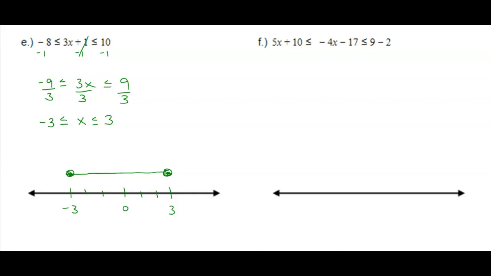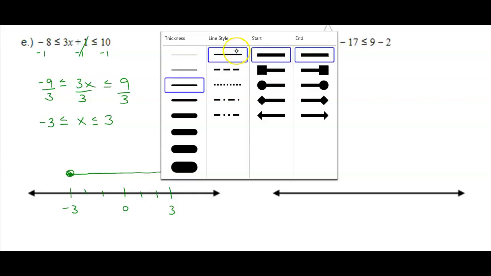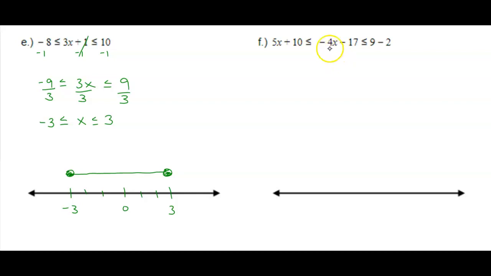And then this last one for f is just a little unique because the coefficient to x is negative on the inside. So what I'm going to do first is add 17 to both sides of this.